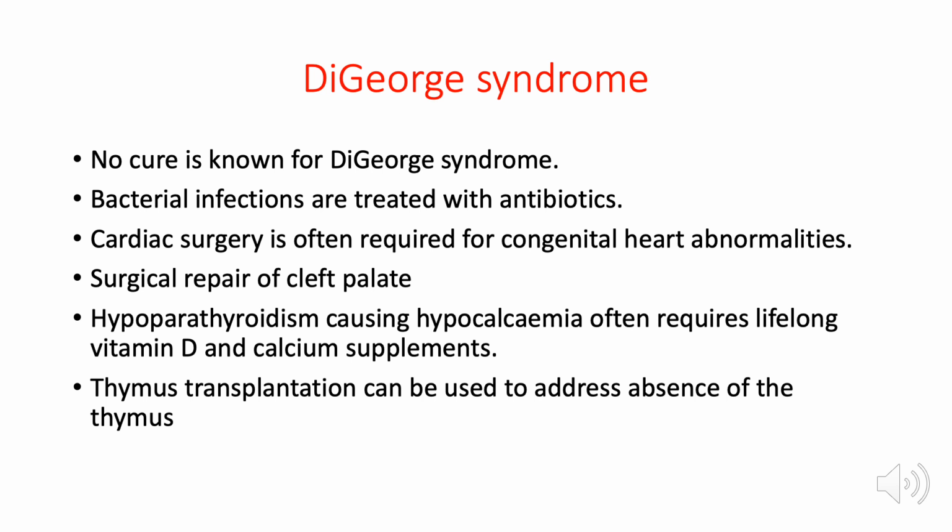Hypocalcemia. Aside from calcium supplements, you can also give the patient vitamin D because vitamin D is known to what? Increase blood calcium level. Thymus transplantation can be used to address the absence of thymus, but this is rarely done.